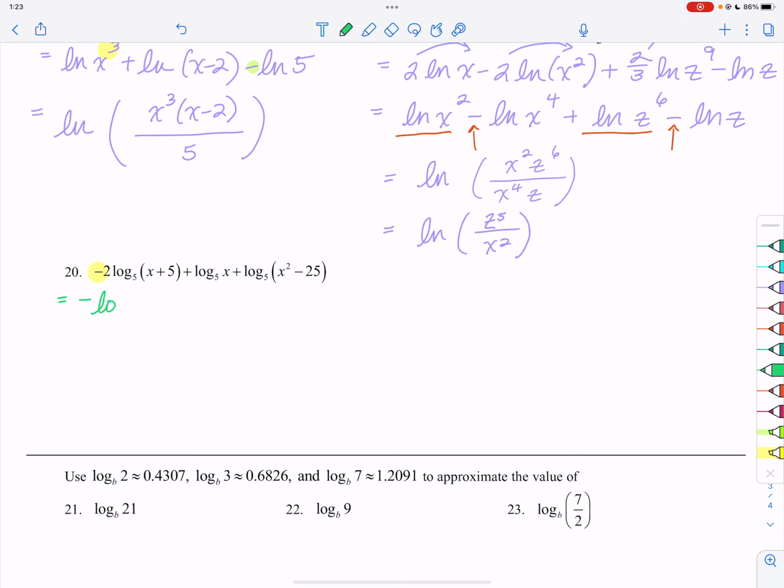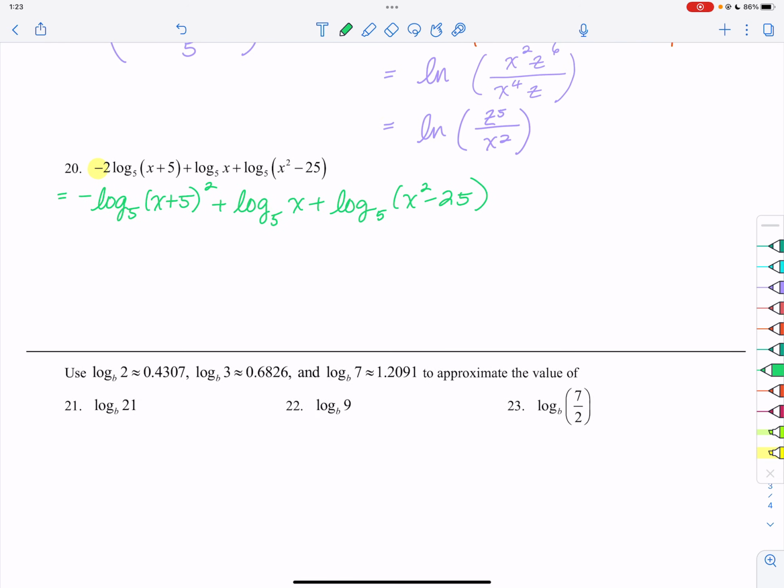Let's just keep that negative there as the term is negative and just move that 2 to the numerator, to the power, plus the log base 5 of x, plus the log base 5 of x squared minus 25.